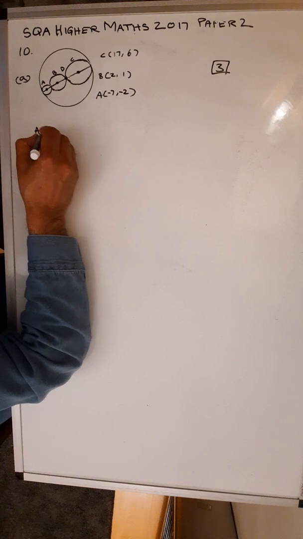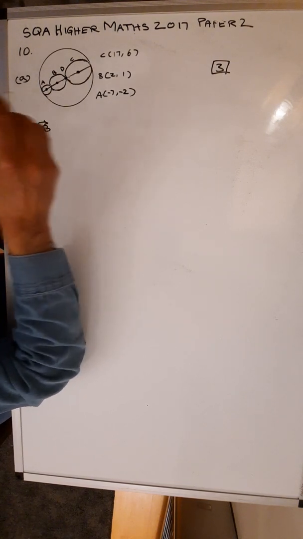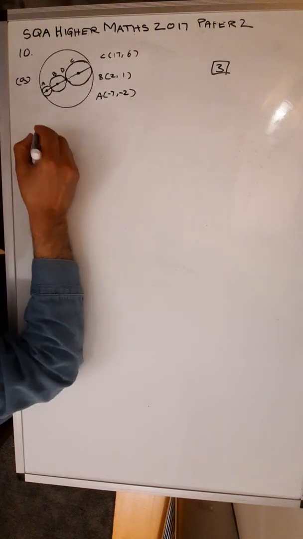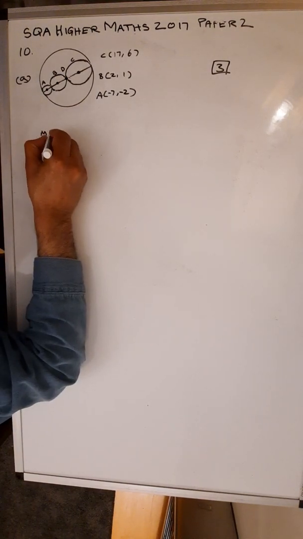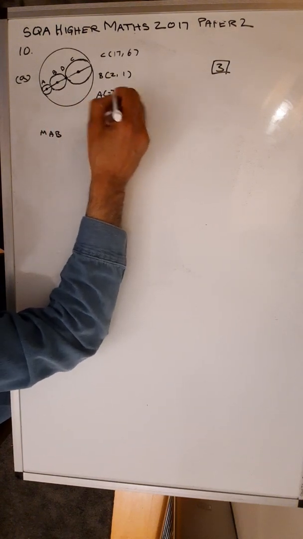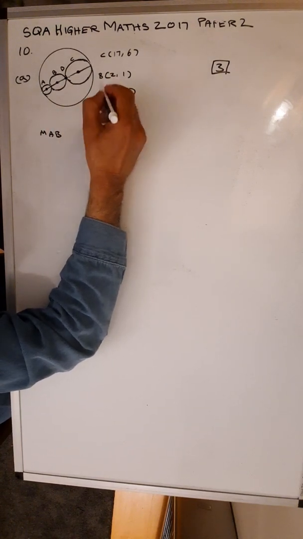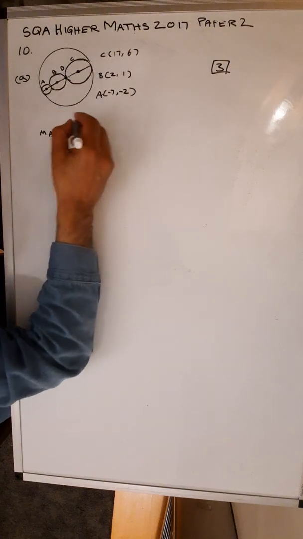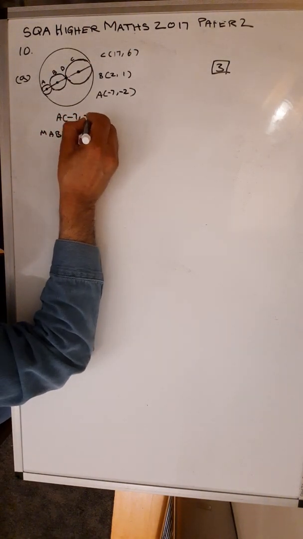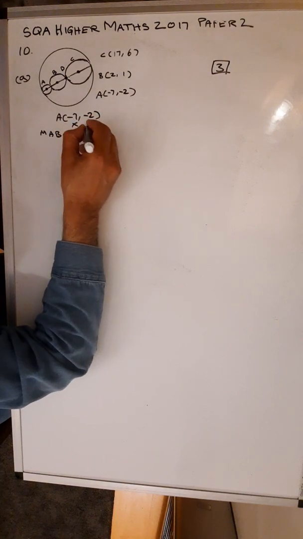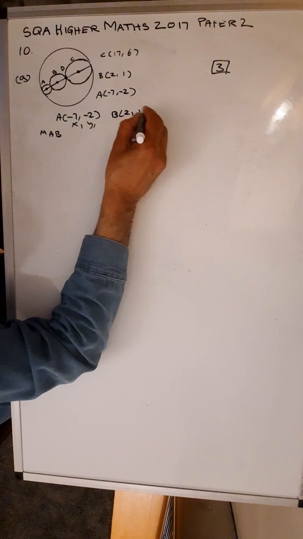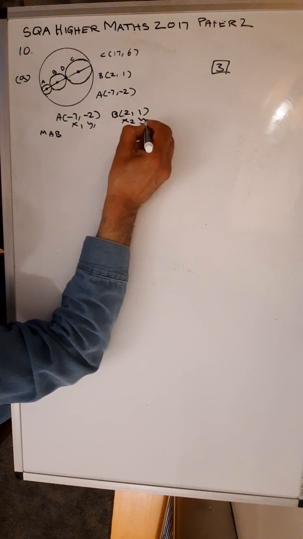Okay, so AB. You need the gradient of AB first of all, m_AB. Your A is there and B is there, so B is further along. A is (-7, -2), which will be your x1, y1, and B is (2, 1), which is x2, y2.